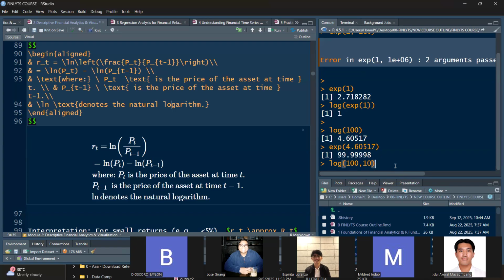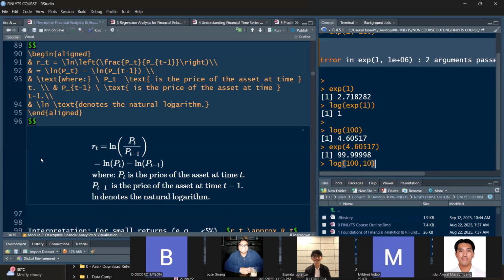What's the log of 100, with base 10? What's the answer, class? Yeah, that's correct. It's now 2, which is the regular way of writing in the books. So for log of 100, you have to define the base, 10.